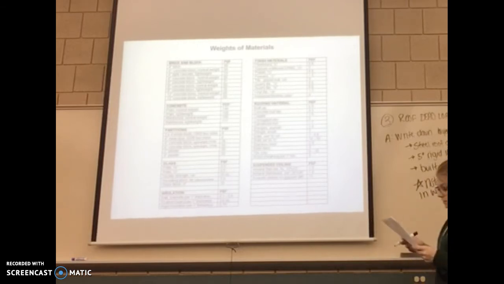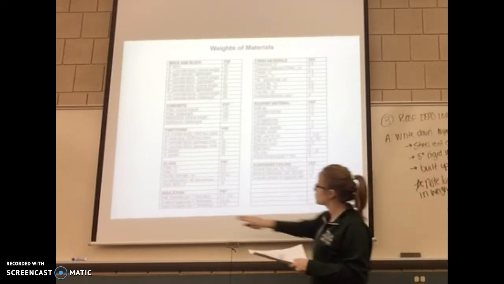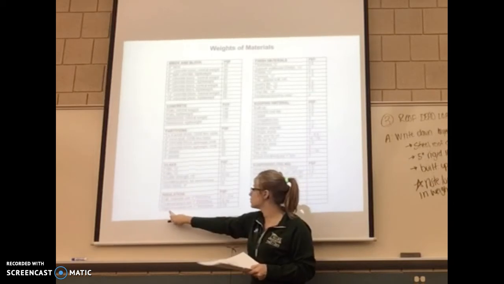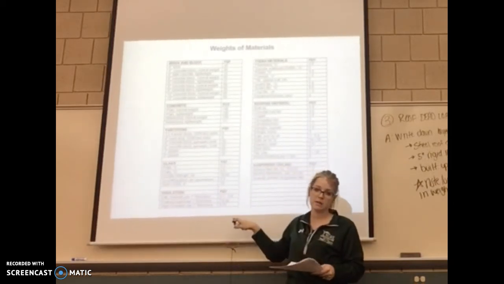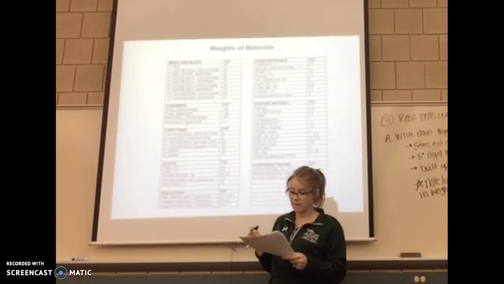The next one I have is 5 inches of rigid insulation. So I go to insulation, and it says, hey, rigid insulation, for every 1 inch thickness, you have 0.75 pounds per square feet. So I have to do a little bit of math in there.